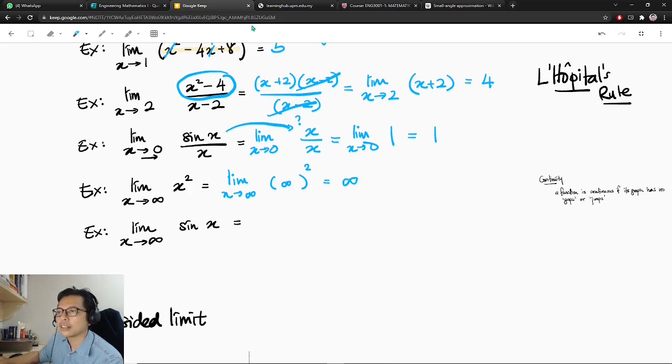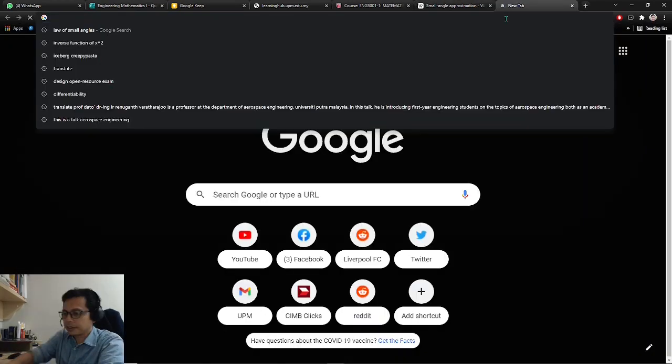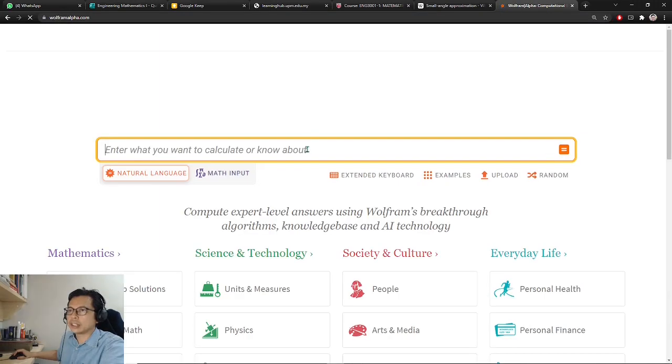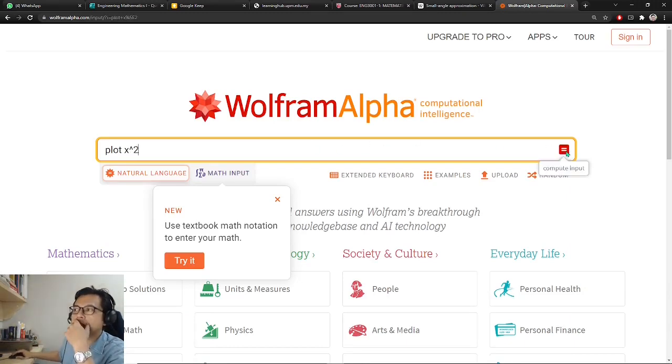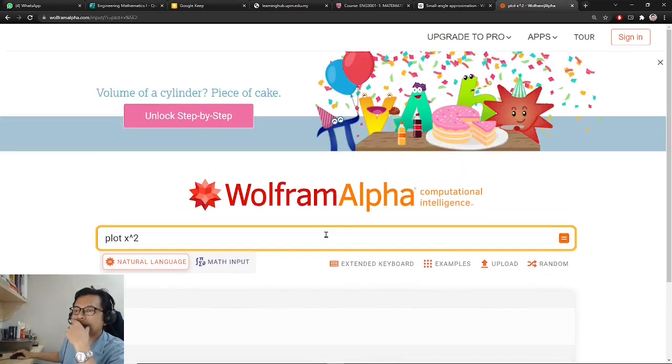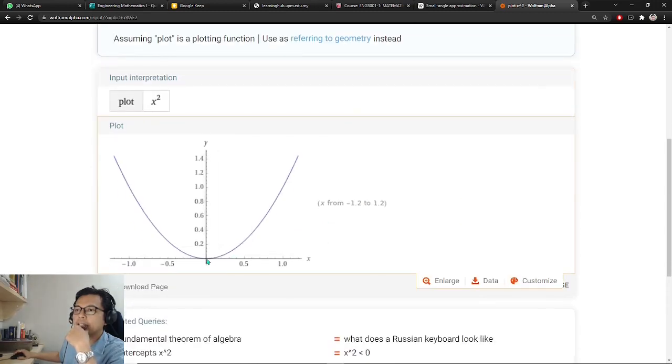But you can also investigate using Wolfram Alpha. You plot this function, and you can see that it keeps on increasing when x is increasing.